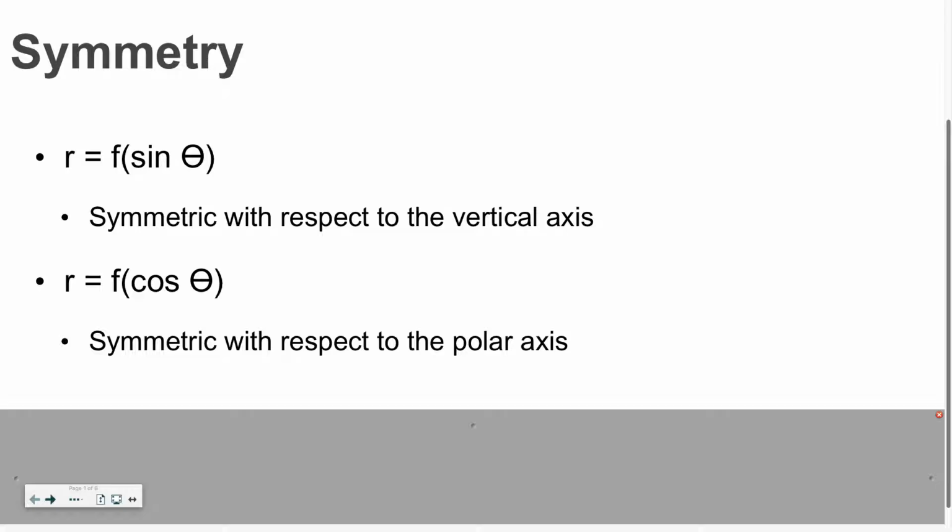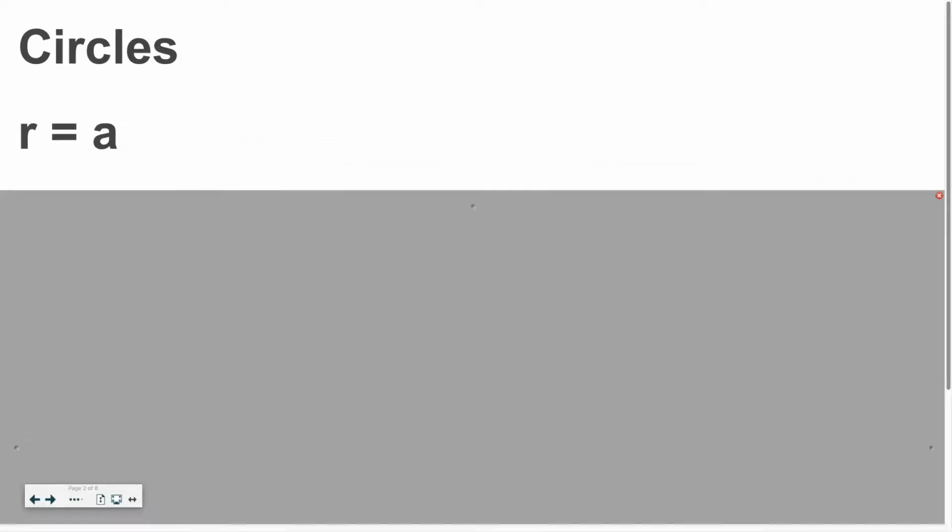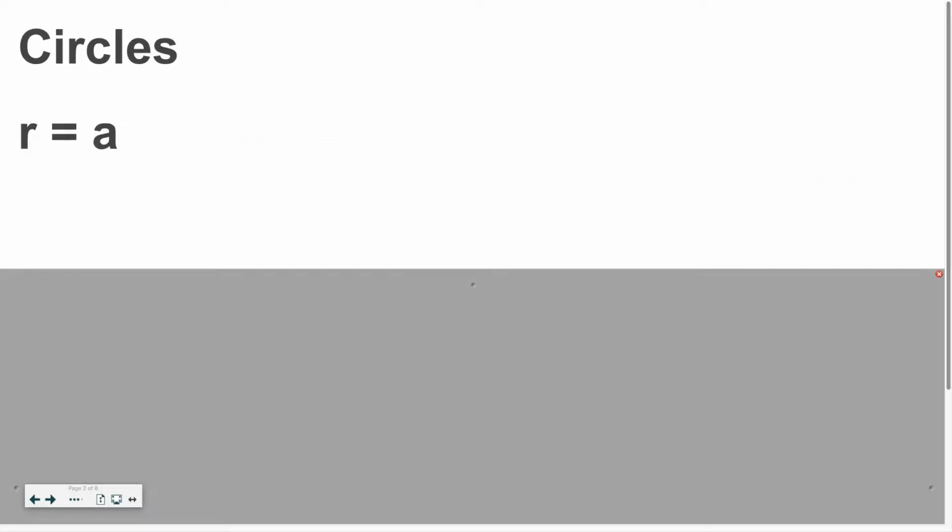Okay, the first kinds of graphs I had you play around with in your calculator were circles. Okay, and the circles went through the pole. What I want to talk about is how we know where our circles are going to be. Now first of all, we've already talked about these kinds of circles.